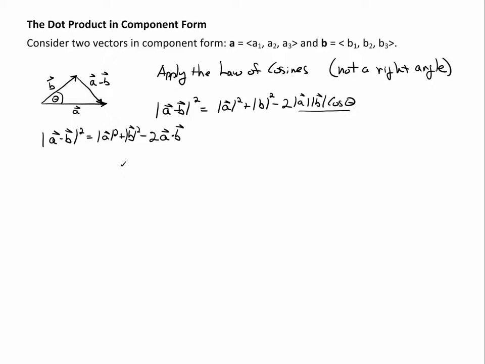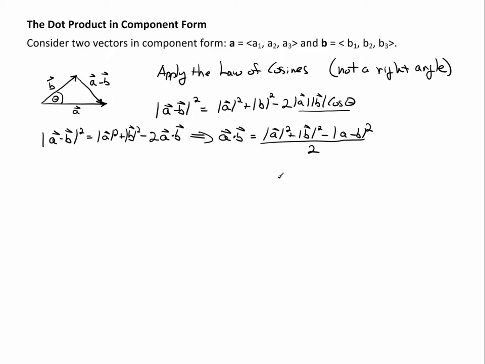Solving for A dot B, A dot B is equal to the magnitude of A squared plus the magnitude of B squared minus the magnitude of A minus B squared, divided by 2. I probably should have written that as times a half. Let's take a look at these magnitudes now.